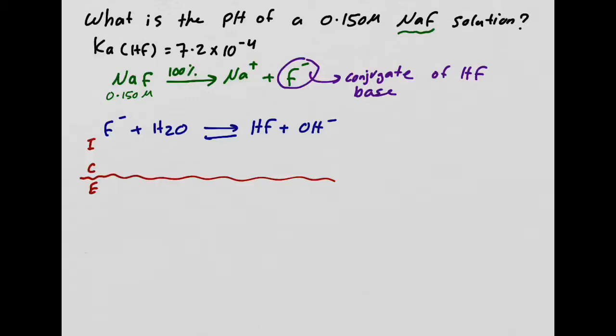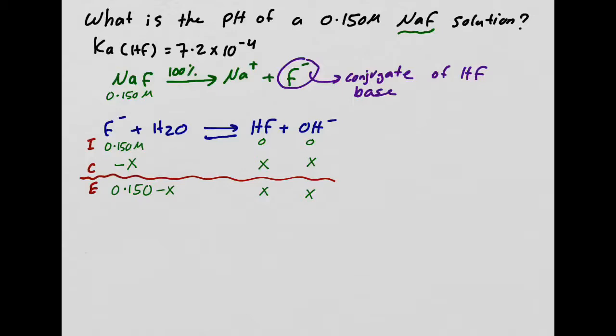So how much F minus do I end up having? The same number, because every sodium fluoride dissociates into sodium plus and F minus. And then of course it's 0, 0 at the beginning, and over time this is going to disappear and some of these are going to appear. So my equilibrium will be 0.150 minus x, x and x. You've seen this, nothing you hadn't seen before.